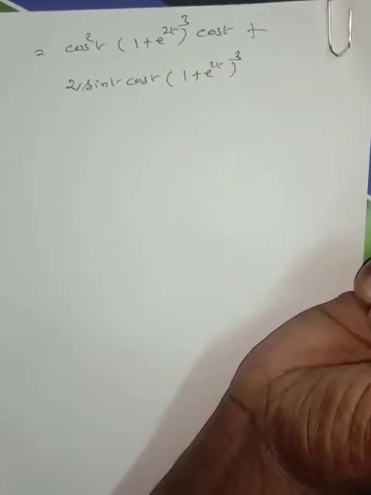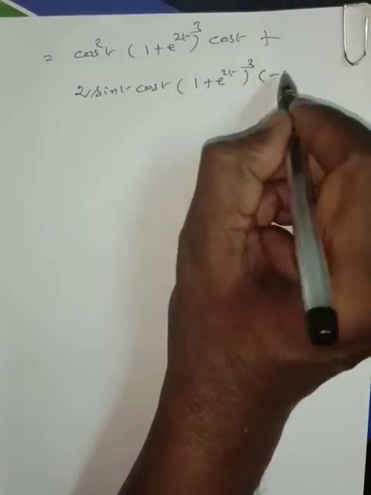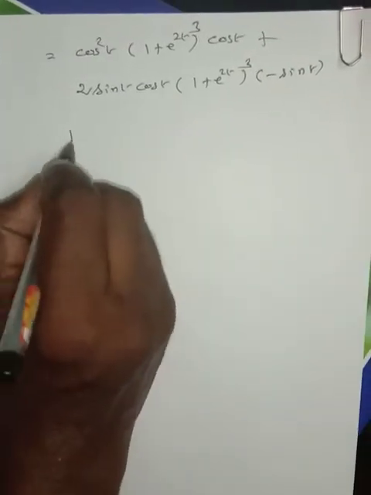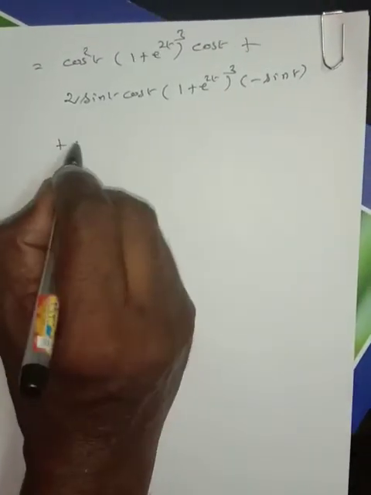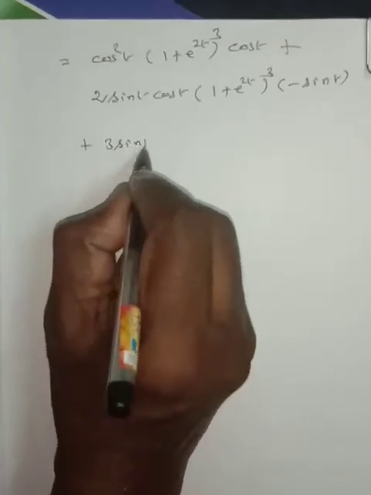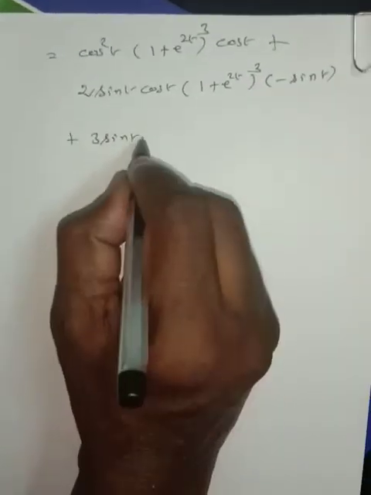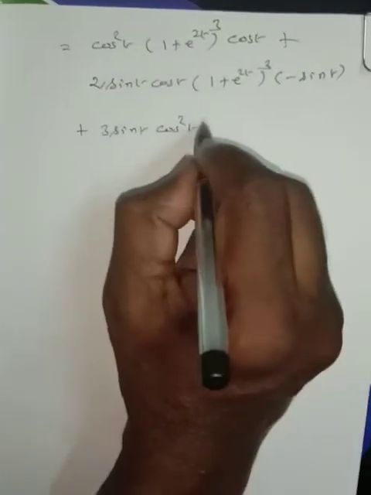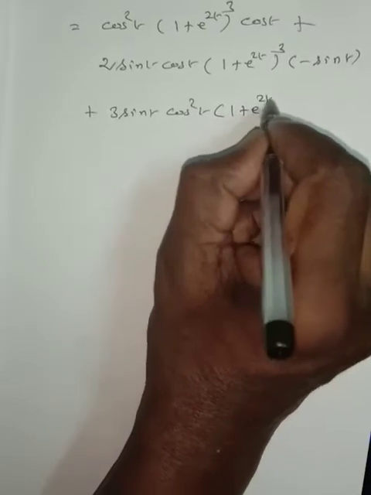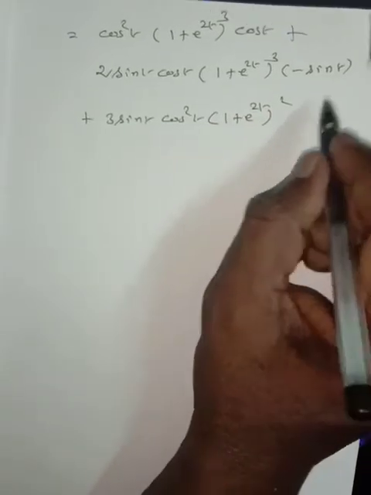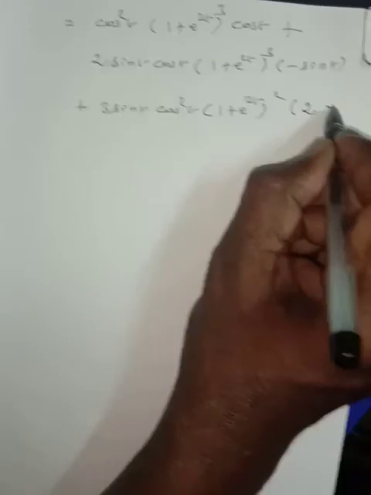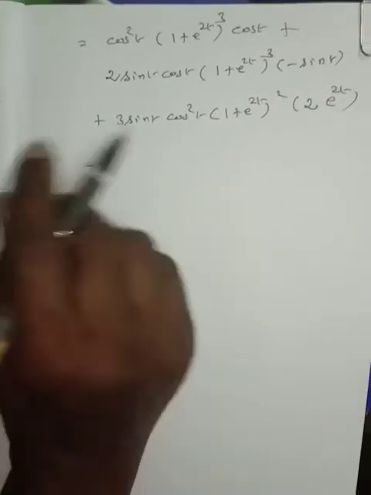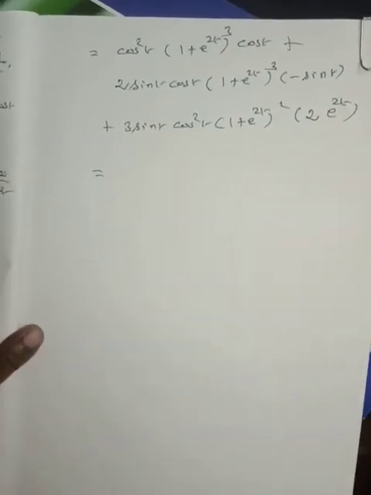Next, minus sin t of minus sin t, plus 3, x is sin t, y² is cos² t, z² is (1 + e^(2t)) whole square, into 2e^(2t).